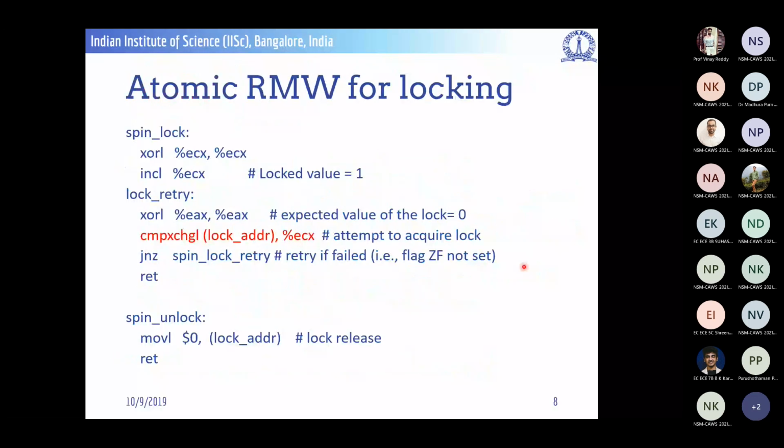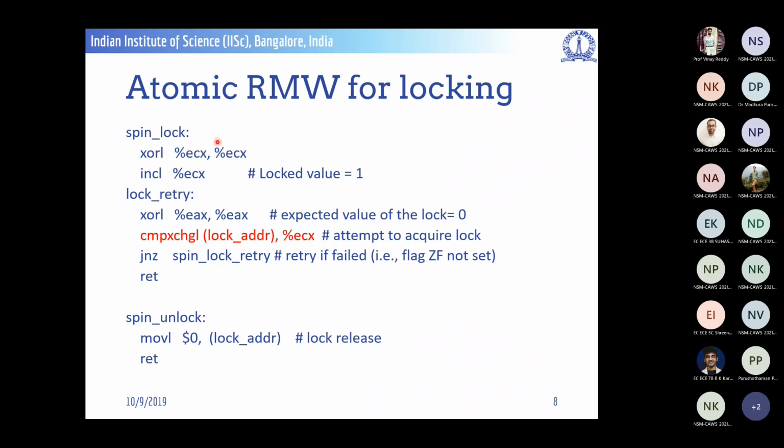Okay. So here is the code. Let me read that out for you. This is an XOR, okay, and the L that you see is for the size of the long that you are comparing. That is what it specified.